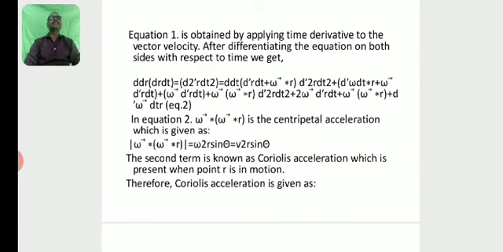So d dash square r by dt square plus d dash omega by dt into r plus omega vector d dash r by dt plus omega vector d dash r by dt plus omega vector into omega into r.